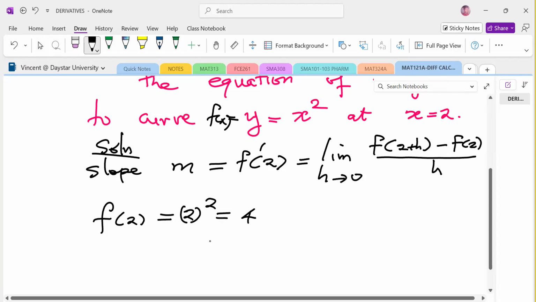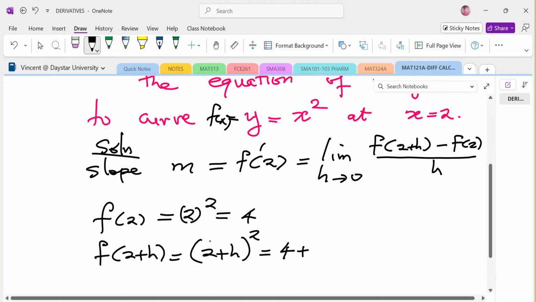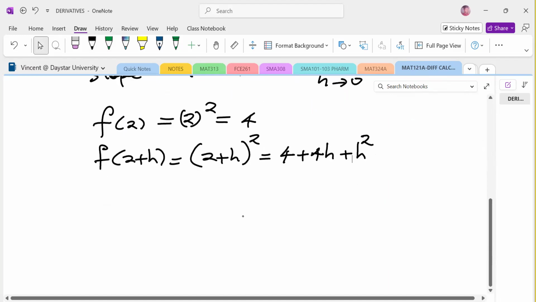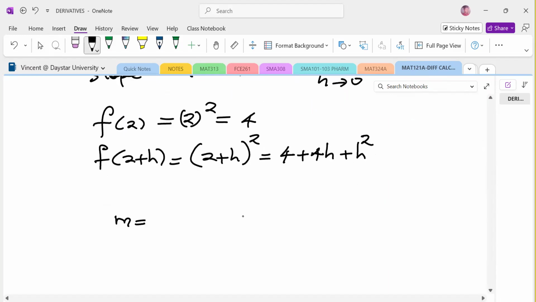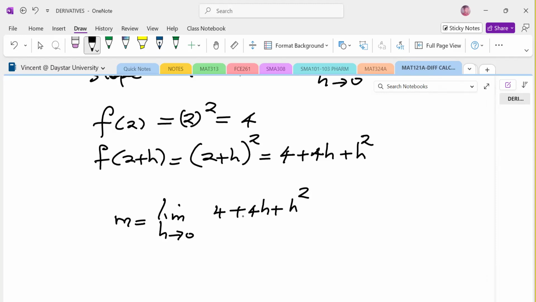And then f of 2 plus h will be the same as 2 plus h squared, which is the same as 4 plus 4h plus h squared. So which means m, the slope, is the limit as h approaches 0 of f of 2 plus h, which is 4 plus 4h plus h squared, minus f of 2, which is 4, divided by h.